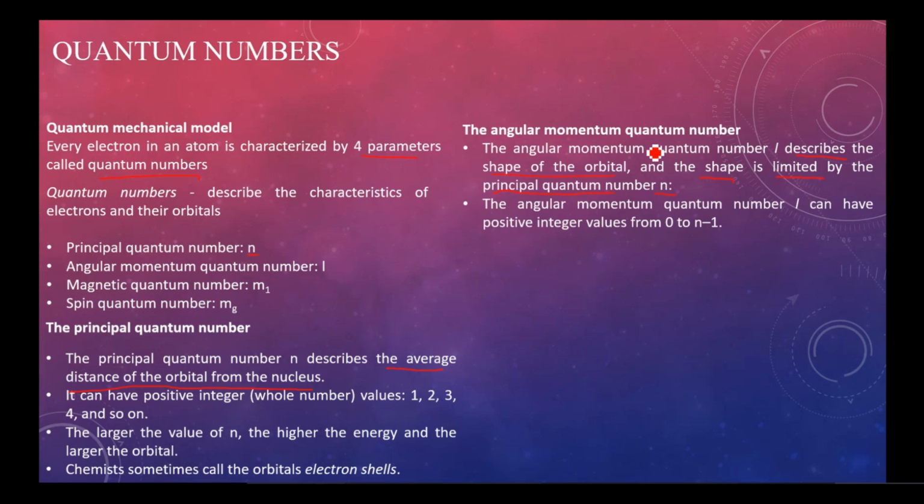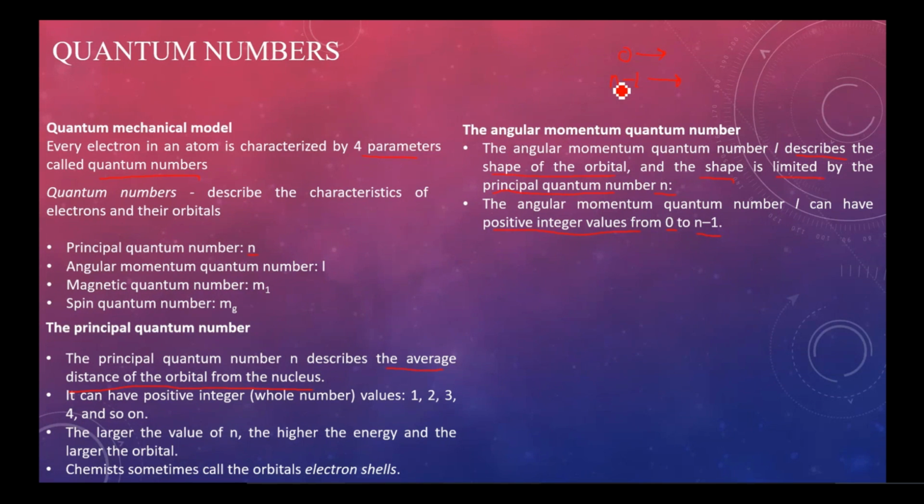The angular momentum quantum number L can have positive integer values, and the shapes would be restricted from 0 to n minus 1. So 0 would represent a shape. Similarly, n minus 1 would also represent a shape, and in between all the numbers would represent a specific shape.